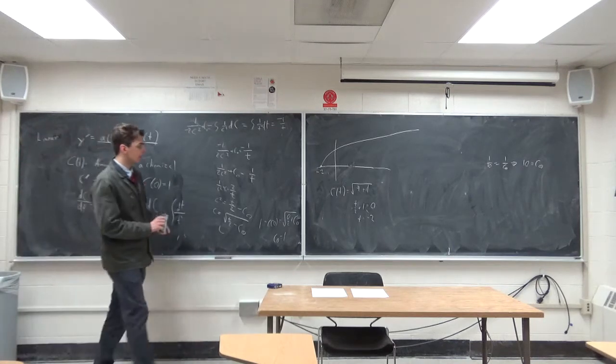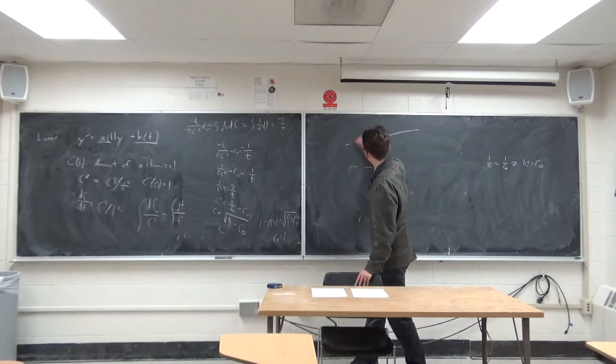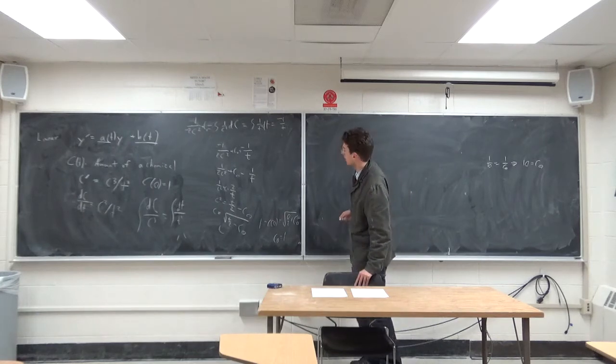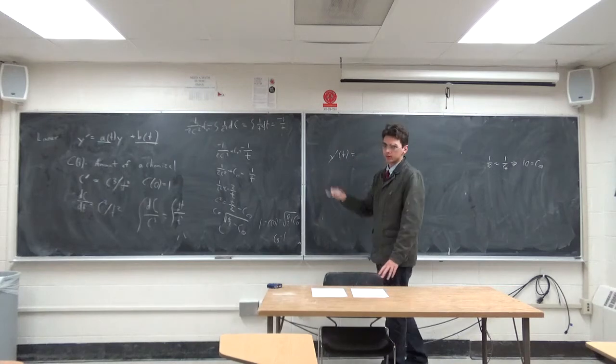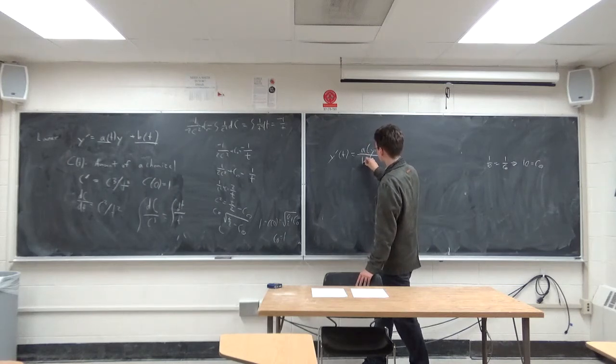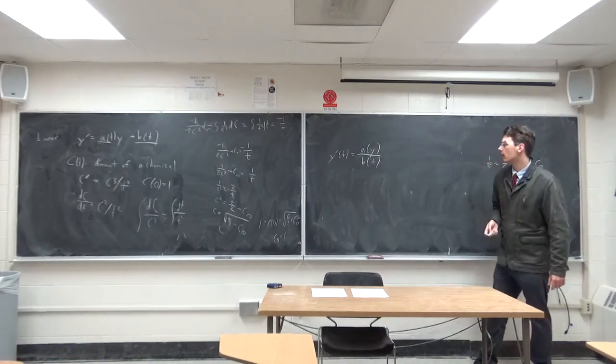Let's see what happens when we have a more general problem. The most general problem I can come up with here is y derivative. You can imagine this is still chemicals, and you have two functions here: some function in terms of y, and some function in terms of t.